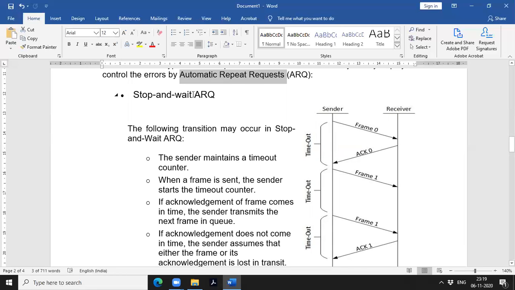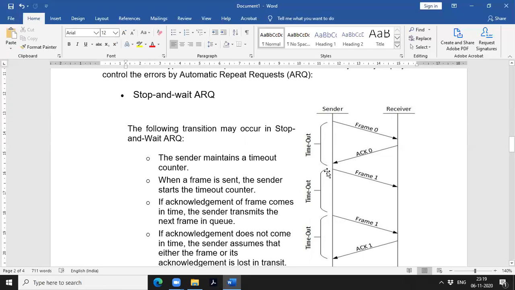So a stop and wait ARQ, that is stop and wait automatic repeat request. If you see the diagram, I hope you will understand clearly. Initially frame 0 is sent to the receiver. Meanwhile, the sender waits for an acknowledgement. The sender is equipped with a timer. When the timer is over, the next frame will be transmitted.